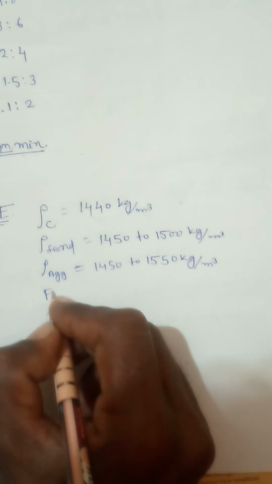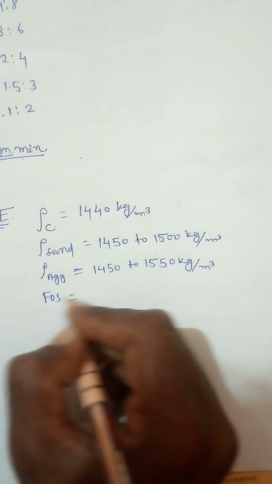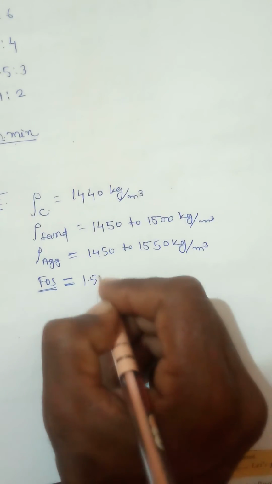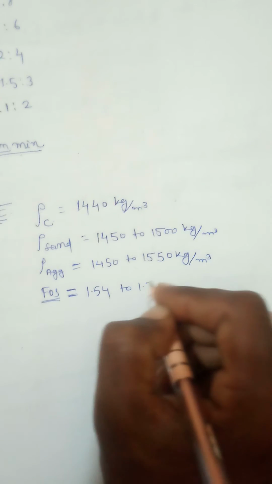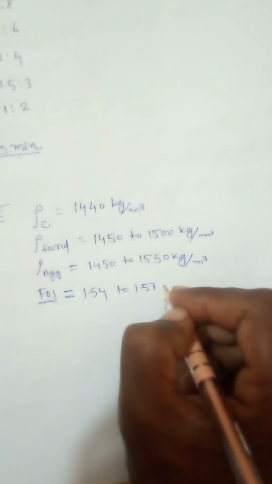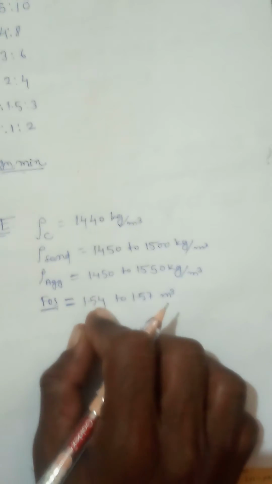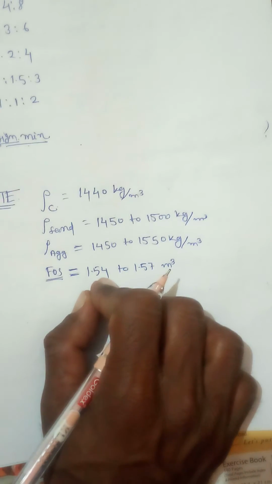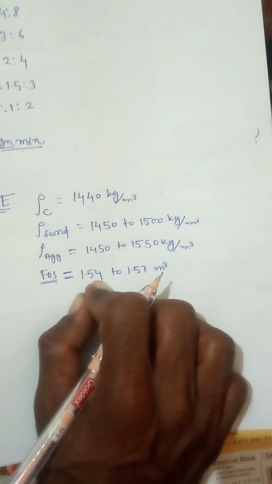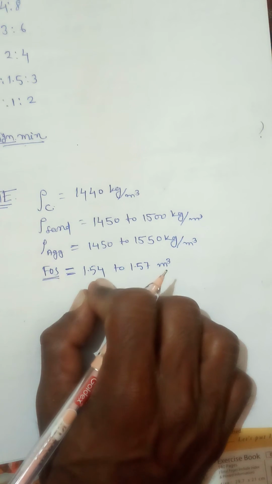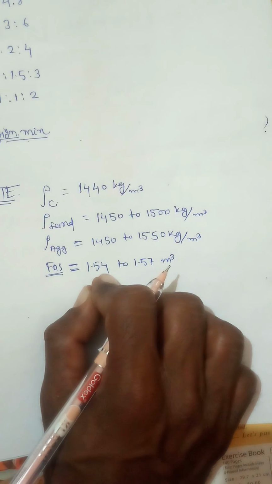Design engineers use a factor of safety to prevent shrinkage of the concrete, taken as 1.54 to 1.57, represented in m³, because the dry volume of the concrete should be equal to 1.54 times the wet volume of the concrete.